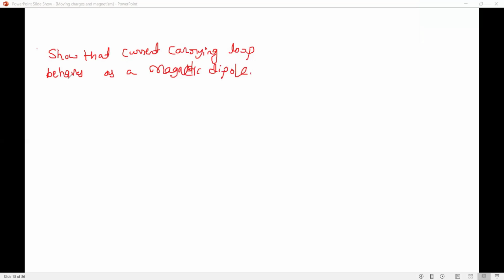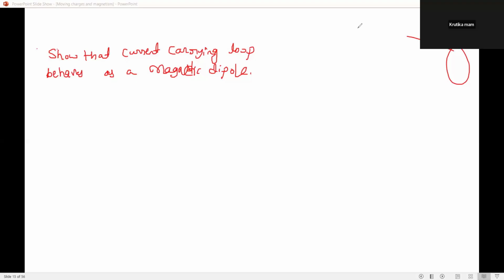Okay. So what are they saying? You have a current carrying loop. You have to show that this current carrying loop behaves as a magnetic dipole. As you go on doing the derivation, at the end if you get the term magnetic moment.